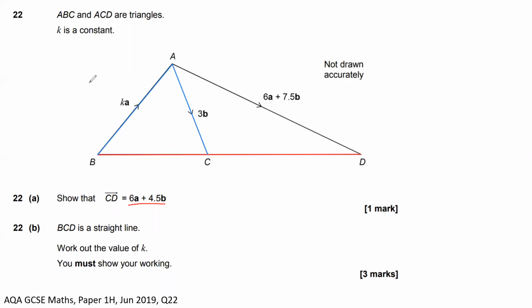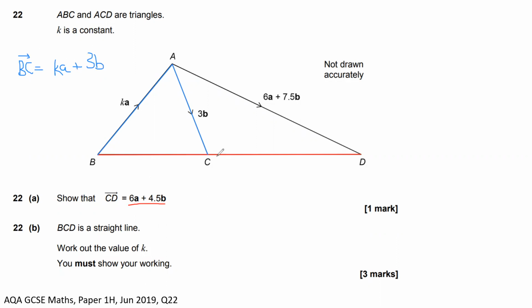So from that, we can work out that B to C is K times A plus 3B. And we know that this is going to have the same gradient, or rather it's going to be the same set of multiples as this C to D is.